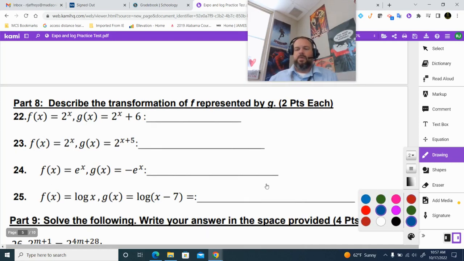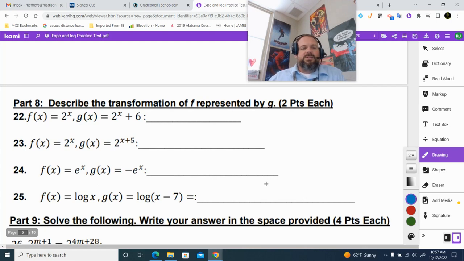So, transformations. Here's the original. This has a +6, so this would go up 6. Here's the original. There's a +5 right there. This is our h value. This would go left 5.